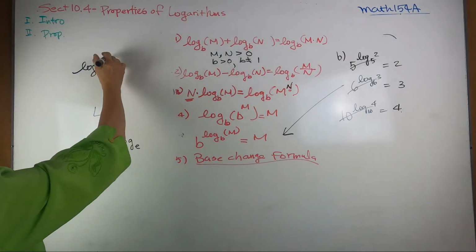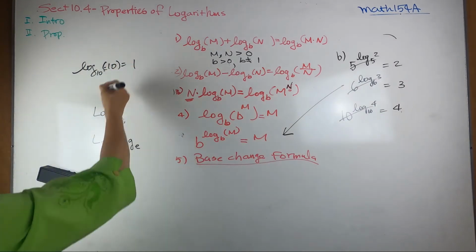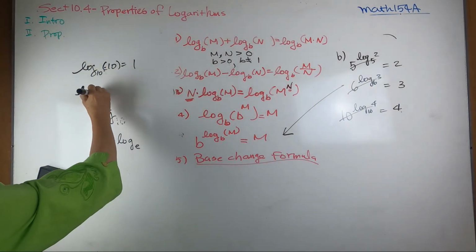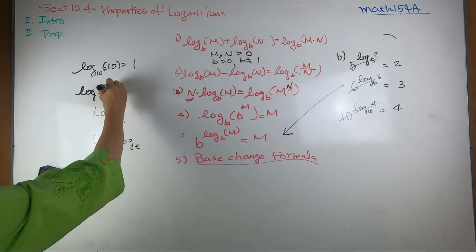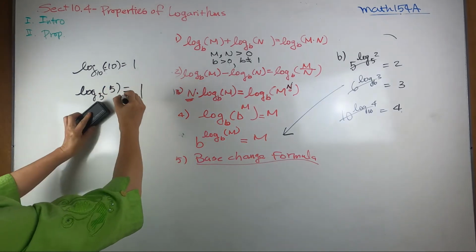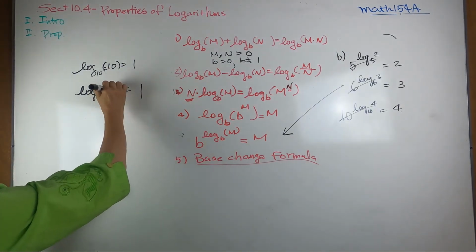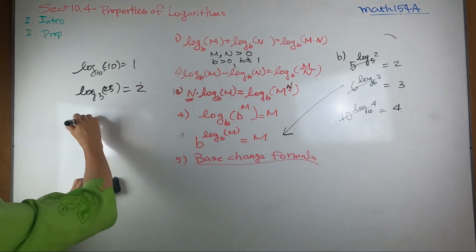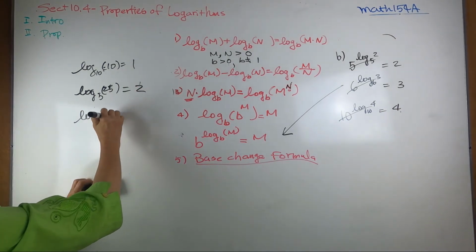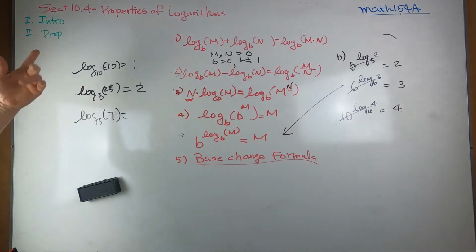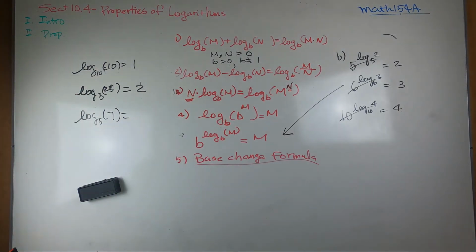So log_10 10 is 1. But if you want to do log_5 5, you know it's 1, or log_5 25 is 2. But what happens if log 7? Then you cannot do it.